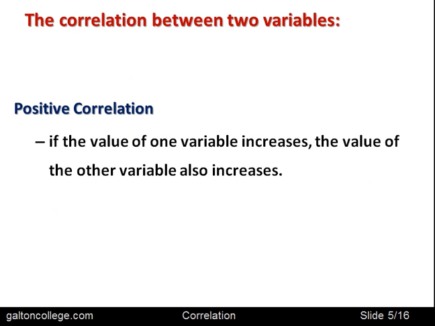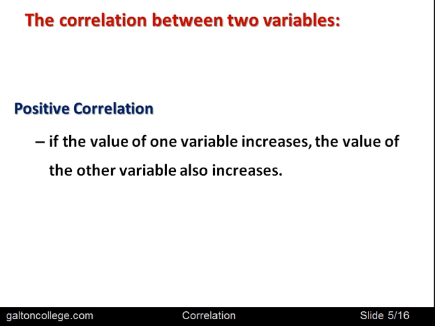Now, a positive correlation: if the values of one variable increase and the value of the other variable also increases, then we'd say there's a positive correlation. If the two sets of numbers are increasing, there is a positive correlation. Or if both sets of numbers are falling together, there is a positive correlation, because they're moving in the same direction.